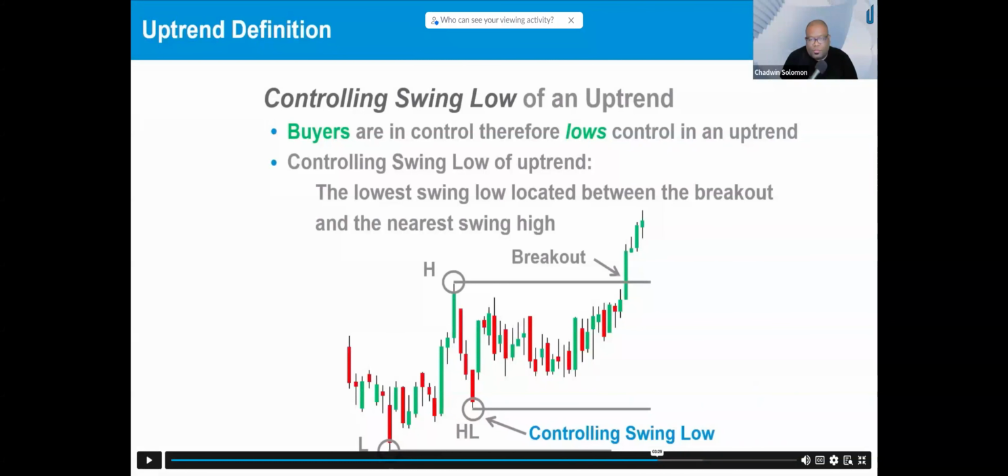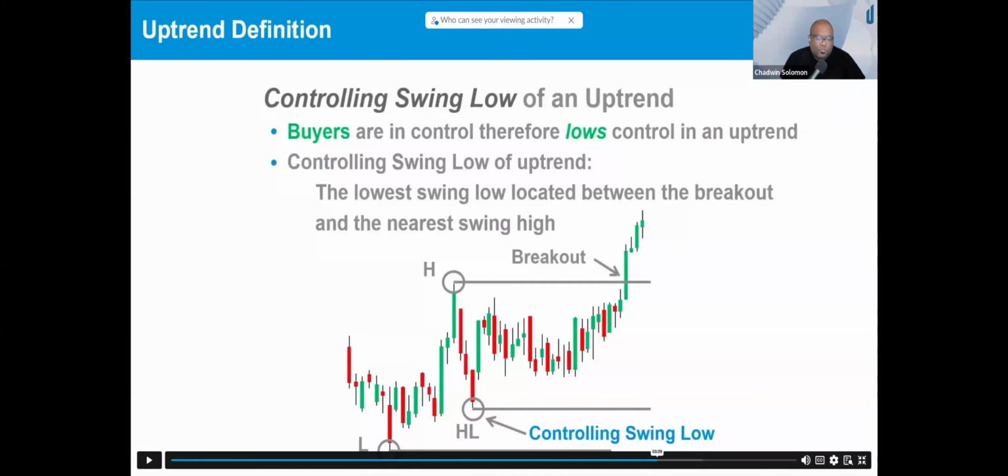And this is that reason, because when we're dealing with controlling swing lows, there are specific lows and specific highs. It's very important that you draw your controlling swing lows and controlling swing highs correctly, because your zone should be found from the controlling swing low to wherever the breakout segment ends.